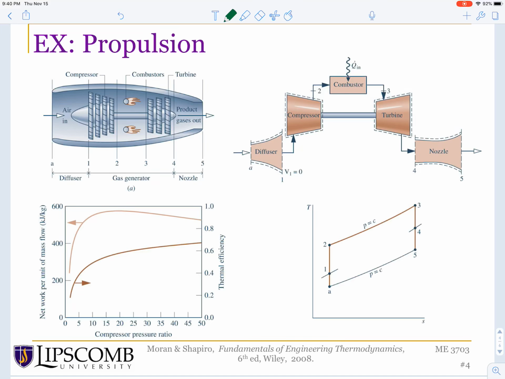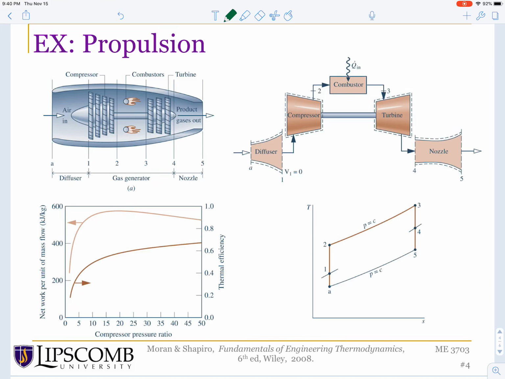We inject fuel in combustors and ignite that for combustion, which releases chemical energy from the fuel. And then that higher energy fluid expands over the turbine, and then the reaction products are spewed out the back.